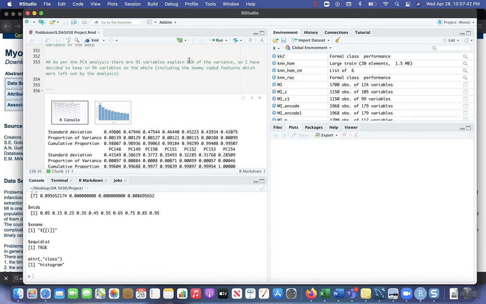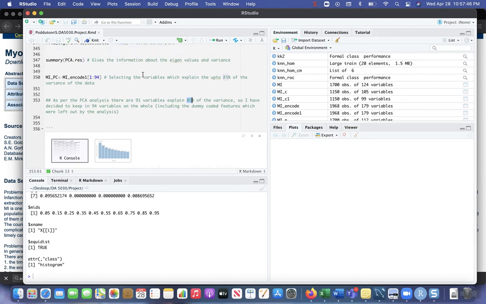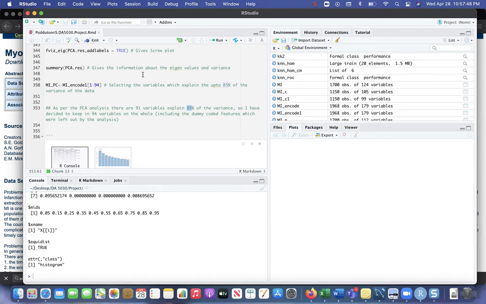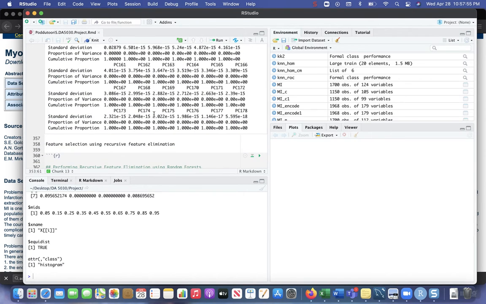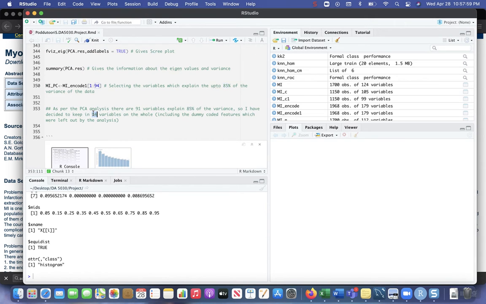So I was fine with 85% of variance, which amounted to around 91 variables. In those 91 columns, there were also columns which included the one hot encoded part. So I've decided in the end that I would keep the 94 variables.